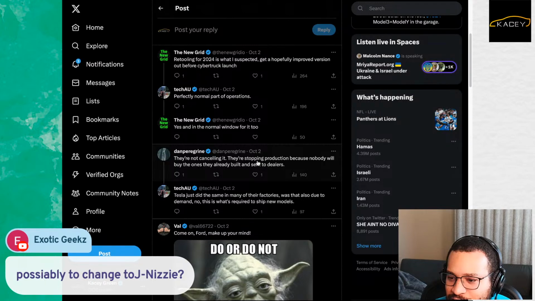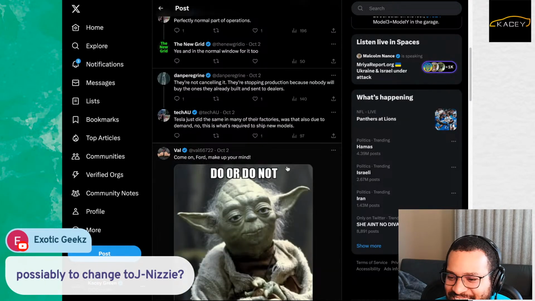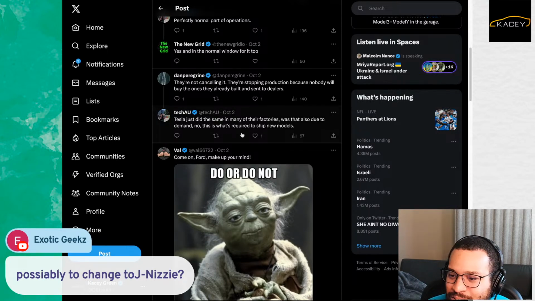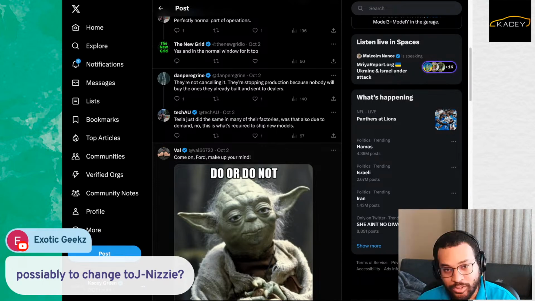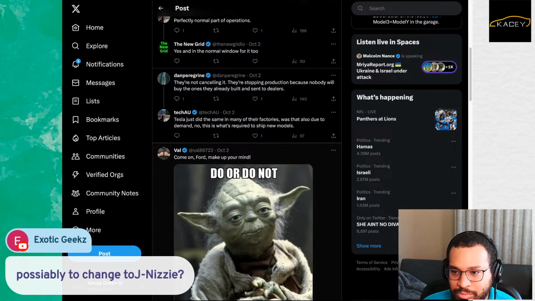They're not canceling it. They're stopping production because nobody will buy the ones they've already built and sent to dealers. I don't know that that's true. Tesla just did the same in many of their factories, and it was also due to demand. So this is what's required to ship new models. Tesla did the same thing as Ford here in that they also retooled their factory. That's what we saw. Fremont got a retooling, and Austin got a retooling.